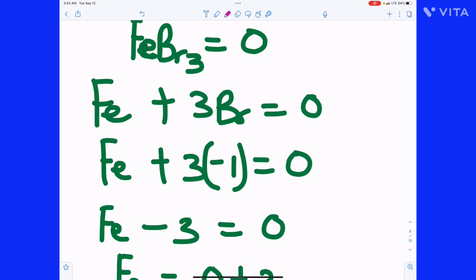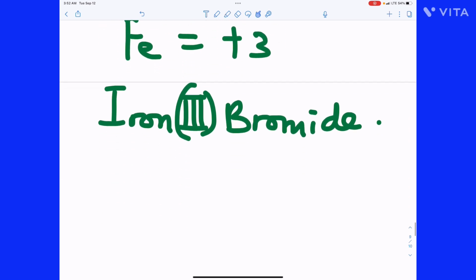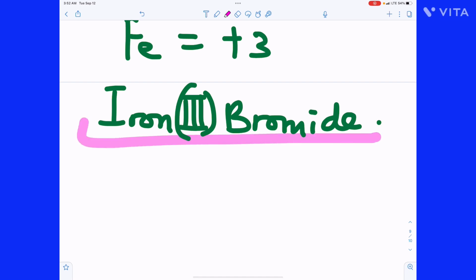So Fe minus 3 is 0. Fe is equal to plus 3. That gives you iron 3 bromide.